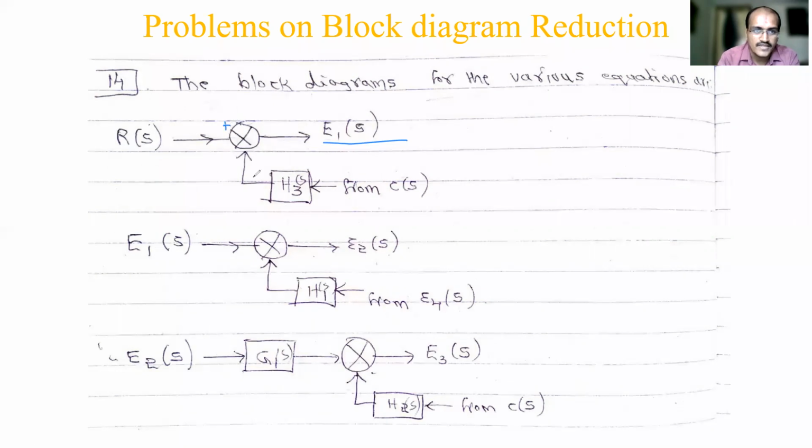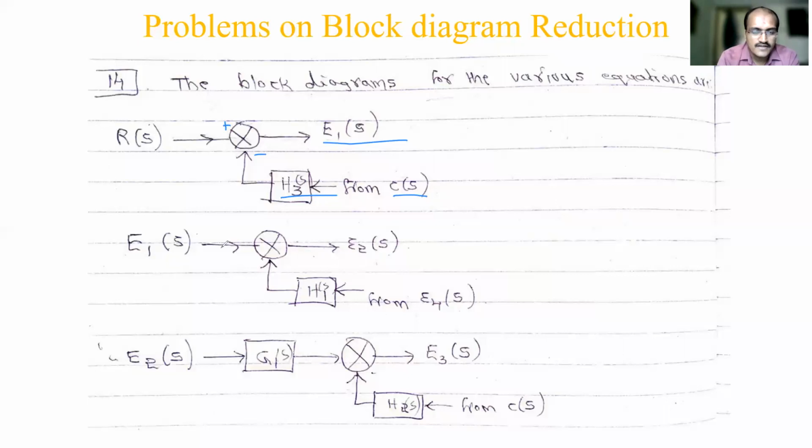Minus H3 of S into C of S. That means you show H3 of S with a minus, and this block is H3 and it is coming from C of S. At present we'll write just C of S because C of S is the end block. When we are clubbing all the blocks finally, we'll mention from where it is coming.